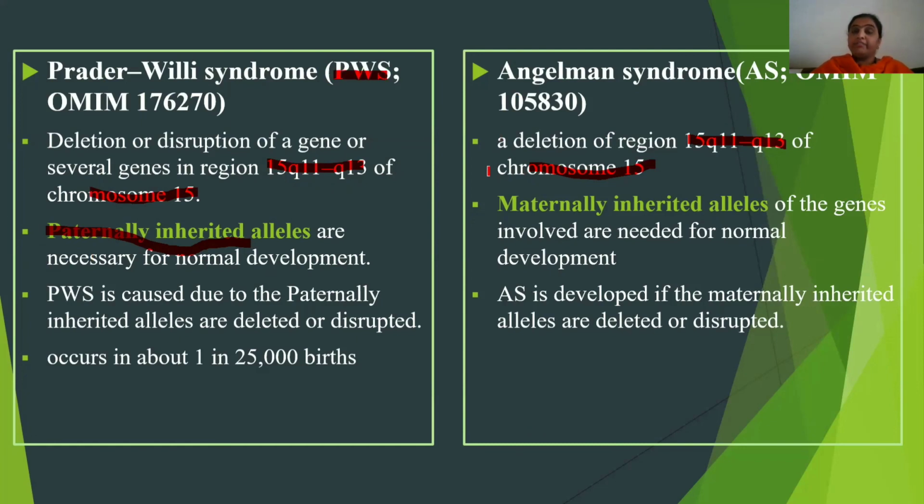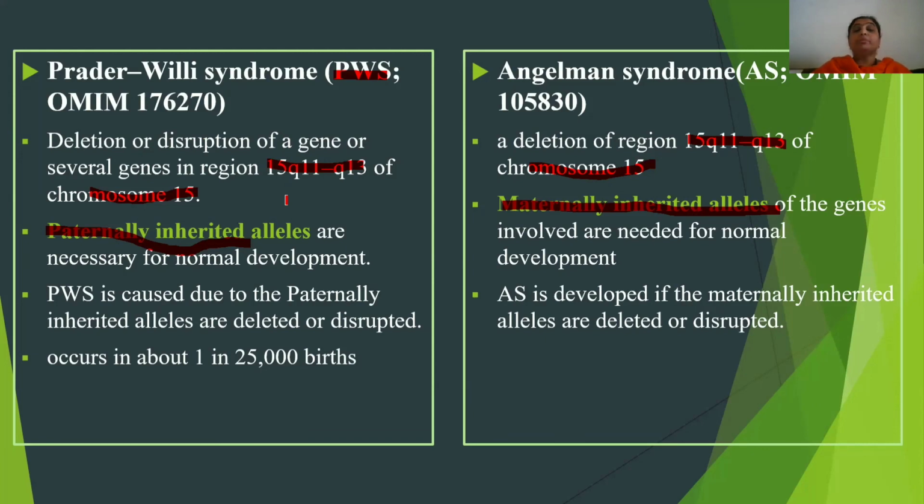And if the mutations or deletions in the region are on the maternally inherited alleles, then it is Angelman syndrome. So the genes expressed from the paternal or the maternal side, if there is a defect, give rise to a syndrome.